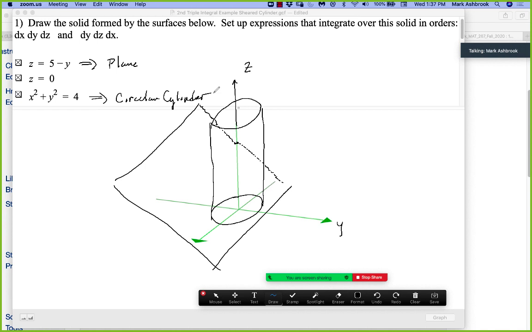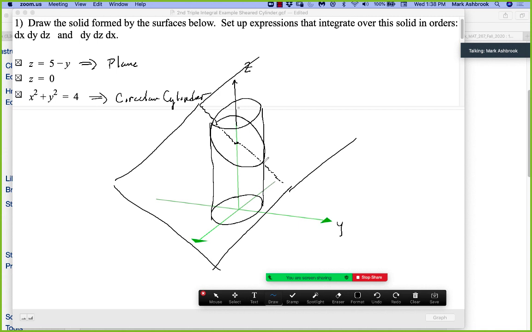Right? And so that's going to slice through. Imagine this diagonal line here slicing through that cylinder this way. What's going to happen when you slice through like that? You're going to get an ellipse, right? Because it's going to be like a circle slanted and stretched in this way.